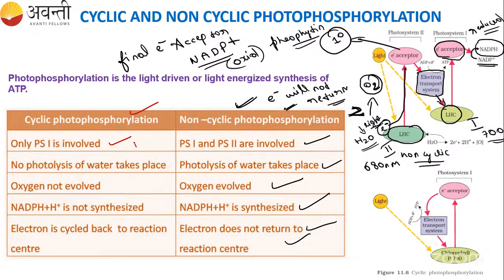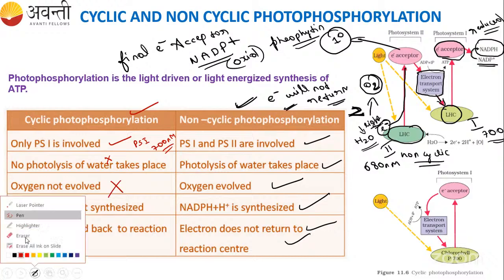That is photosystem 1, that absorbs at 700 nanometer, right? Then there is no photolysis of water taking place because you know that the photolysis of water takes place only in photosystem 2, right? Here only one is involved. That's why the photolysis is not taking place. If the photolysis is not taking place, will oxygen be evolved? No, the oxygen is not going to be evolved here. Yes. Then NADPH, 1 minute.